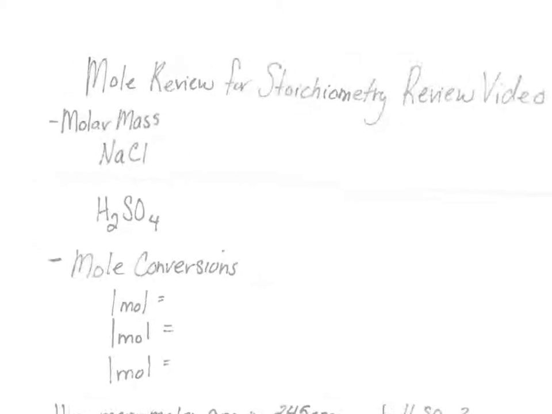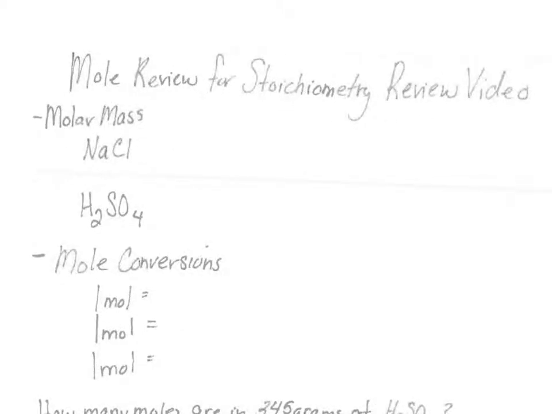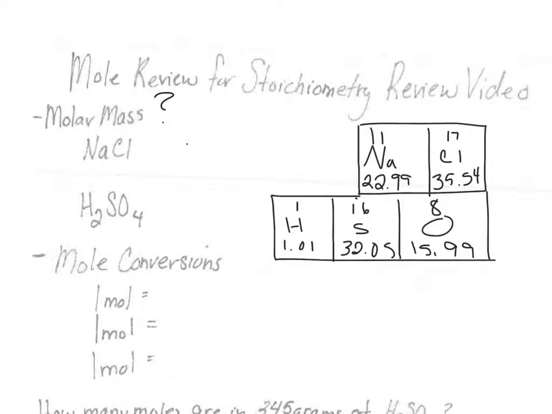Hoskins' Chemistry Review. We're going to start off this unit with a quick review on moles. Do you remember how to do molar mass? You have to look the mass up on the periodic table.